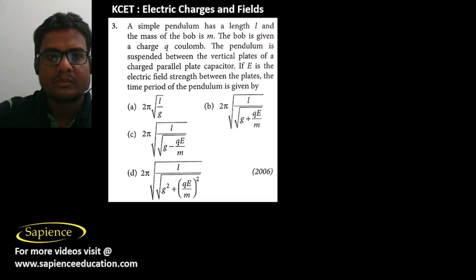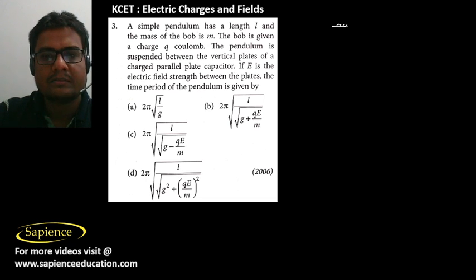Then in question number 3 it is told a simple pendulum has a length L, and the mass of the bob is M, and the bob is given a charge Q coulombs. The pendulum is suspended in between the vertical plates of a charged parallel plate capacitor.